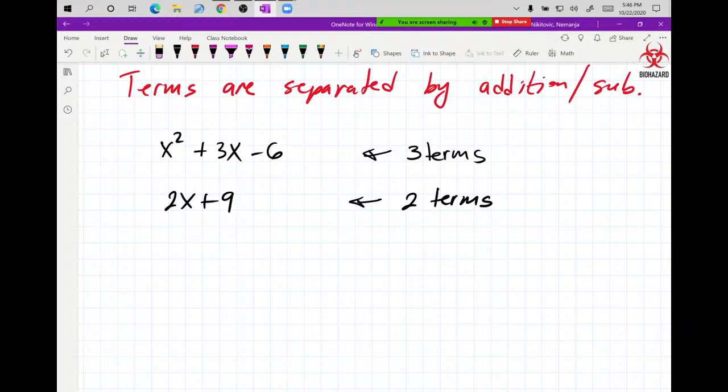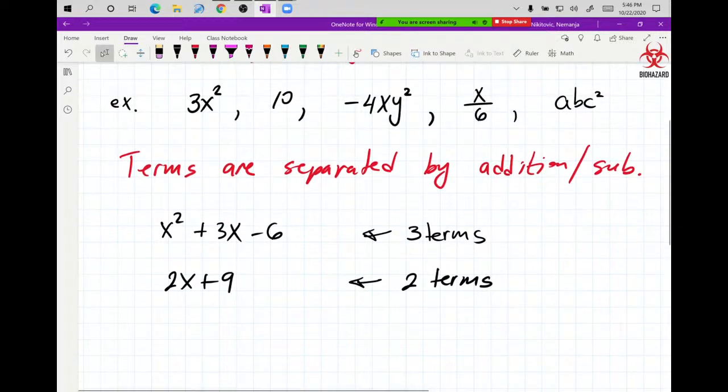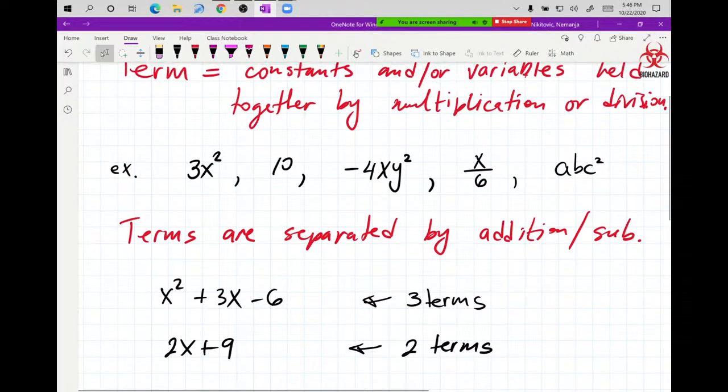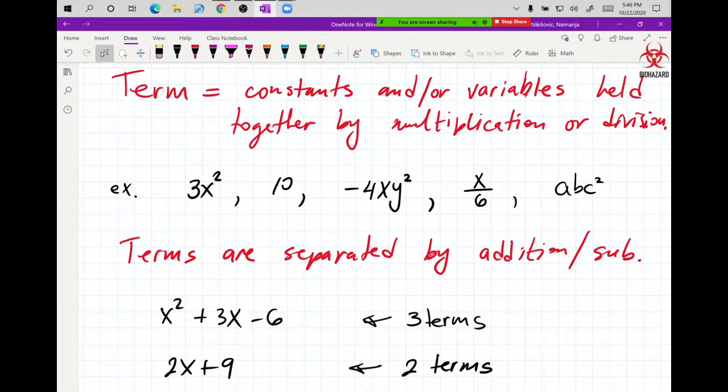So it's very simple to count terms as long as you learn what these definitions mean. A term consists of constants and/or variables. You can see this term at the end does not have a number in front. Well, it does, it's number 1, but it doesn't have -4, it doesn't have 1/6, it doesn't have 10 or 3.